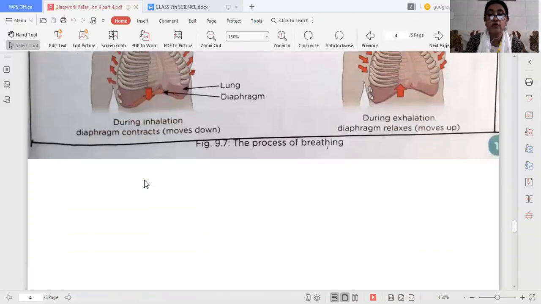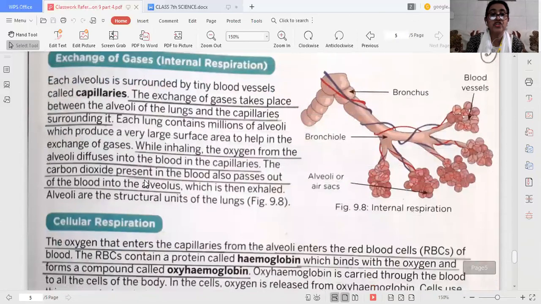Now next we will go for the exchange of gases, the internal respiration. Here we know that each alveolus is surrounded by capillaries. The exchange of gases takes place between the alveoli and the capillary which surrounds it. What is alveoli? The air sac of the lung.